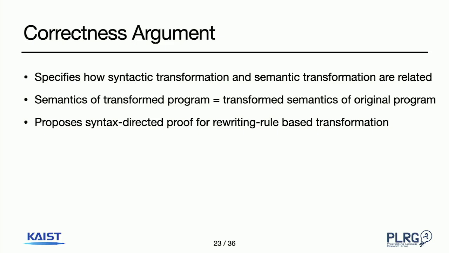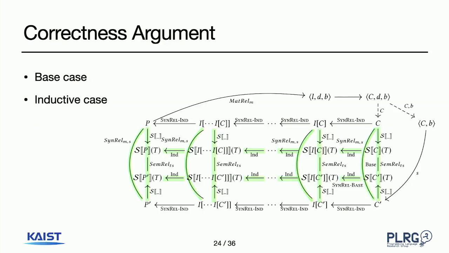So this equivalence is up to the matcher output. We proposed a syntax-directed proof for rewriting rule-based transformation, which is the main difference between previous semantic transformation frameworks and ours. We divide the correctness argument into two parts. First is the base case, and second is the inductive case.